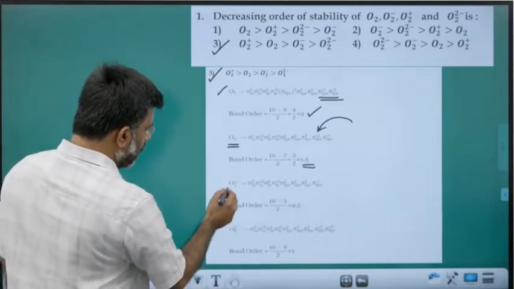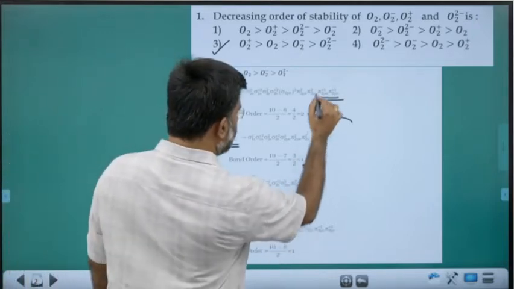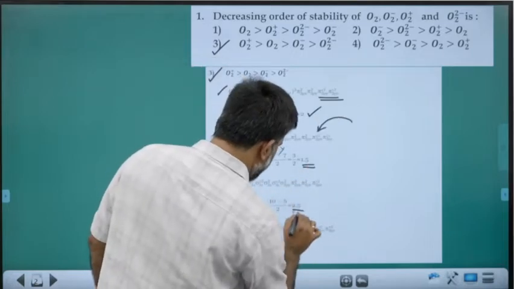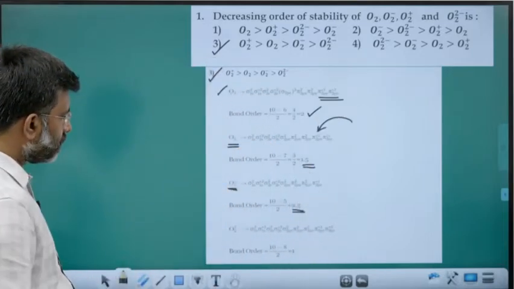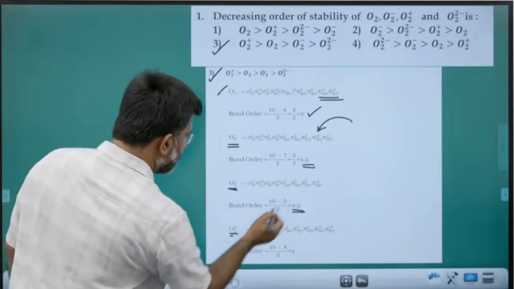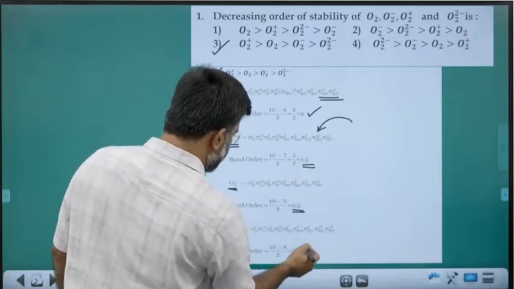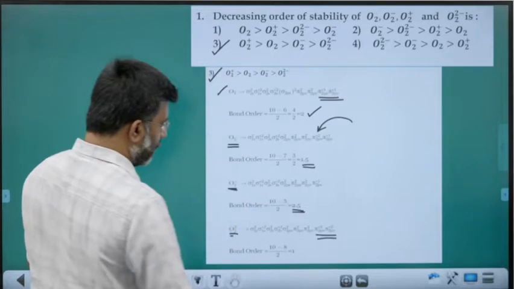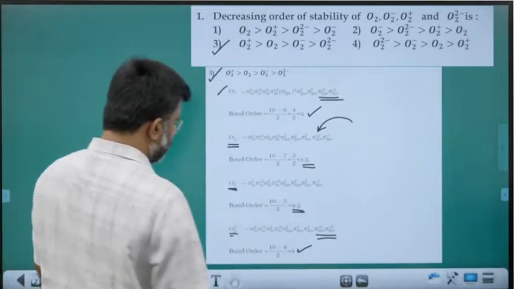While here an electron is decreasing from this area, therefore bond order increases to 2.5. And O2 2 minus is even less stable, because one more electron comes into the pi star orbital and the bond order becomes 1.